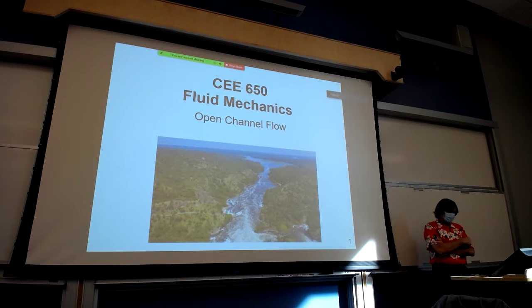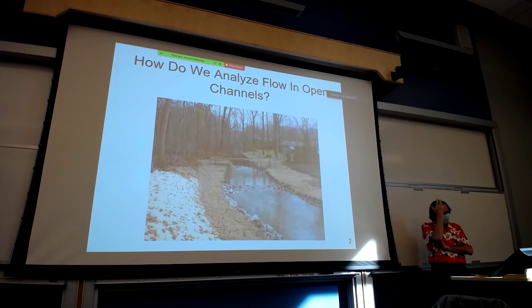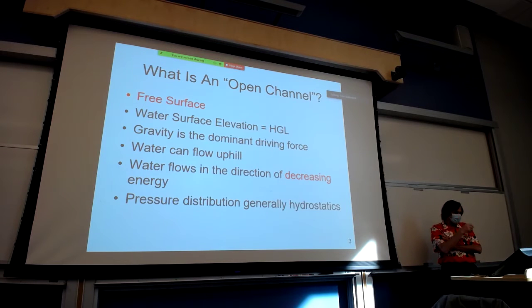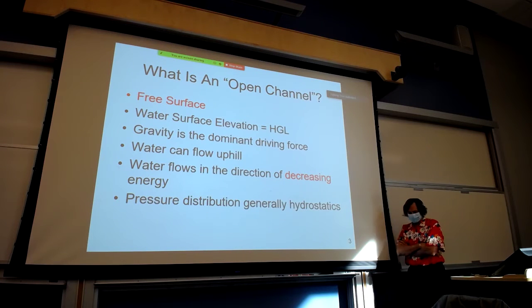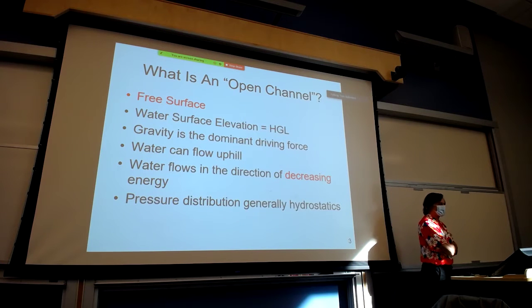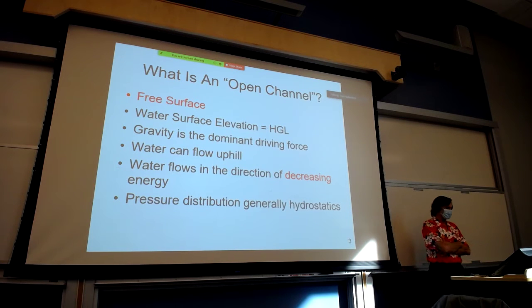No, I see none. So we're going to continue with open channel flow. And again, what we were talking about last time is, first, what distinguishes open channel flow from closed conduit flow is that we have a free surface. We did not have that in the closed conduit flow. And the water surface elevation happens to be the hydraulic grade line because you have a free surface on the open channel.